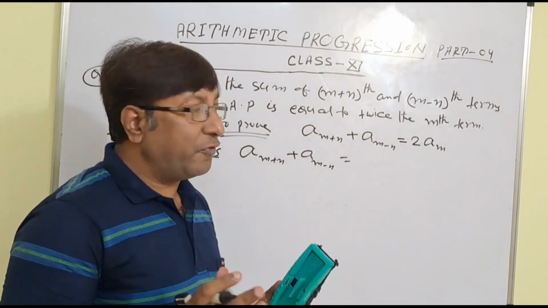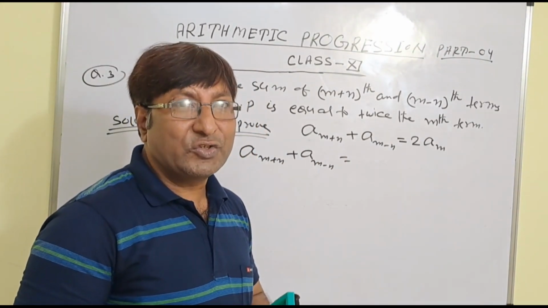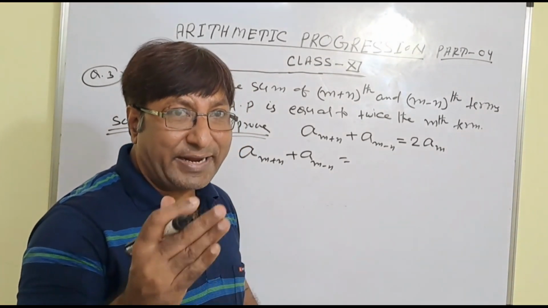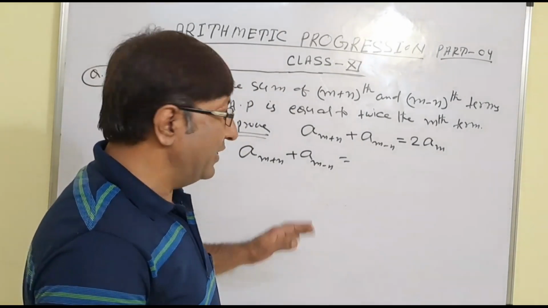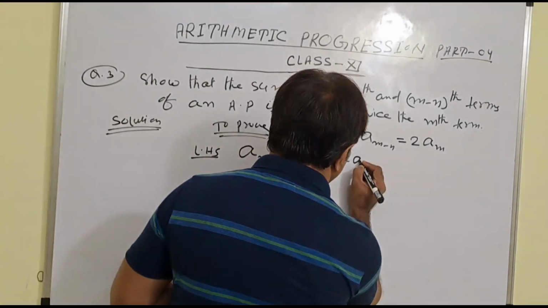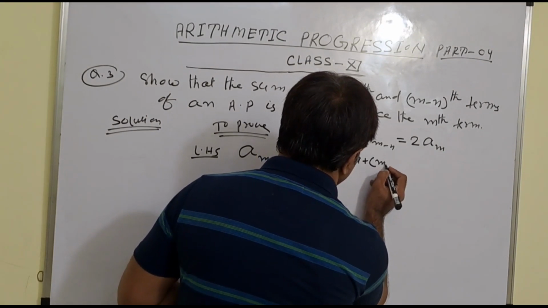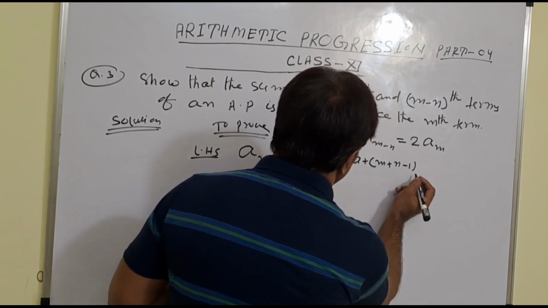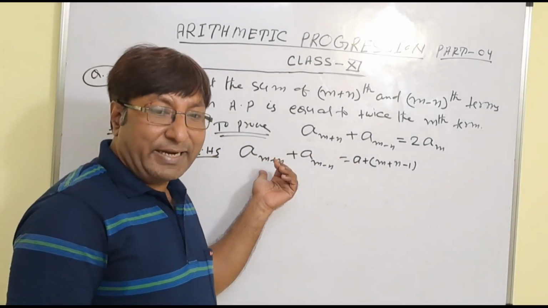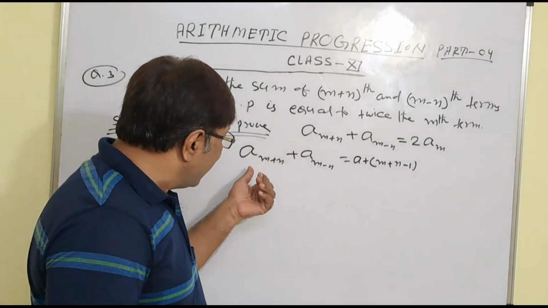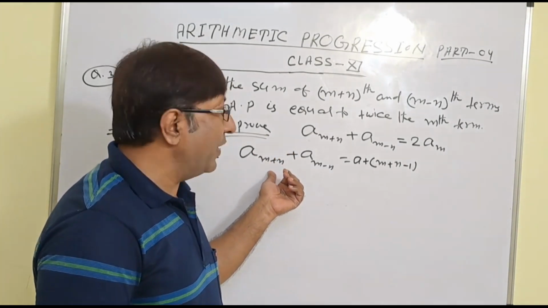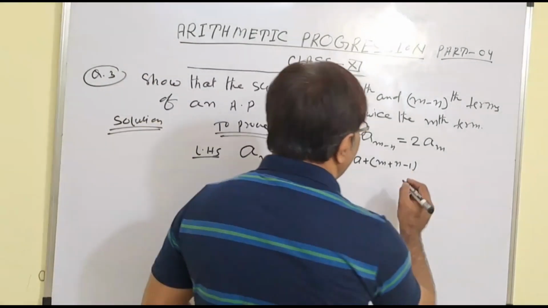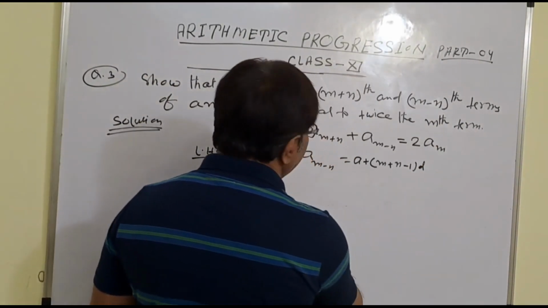Suppose the AP has first term A and common difference D. So you know the nth term formula is A plus n minus 1 D. Here in the place of n we have m plus n, so A plus m plus n minus 1 into D, and D is the common difference. This is the m plus nth term.